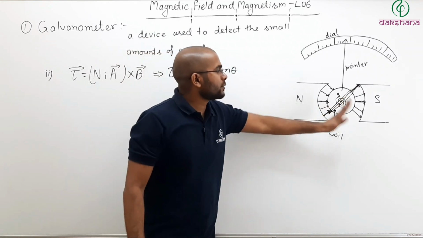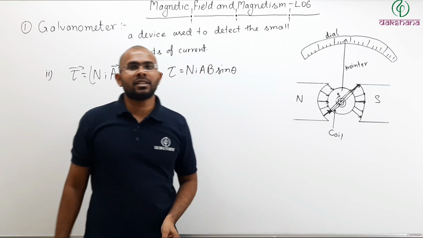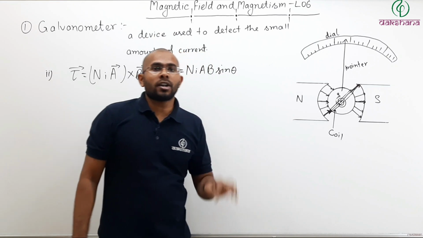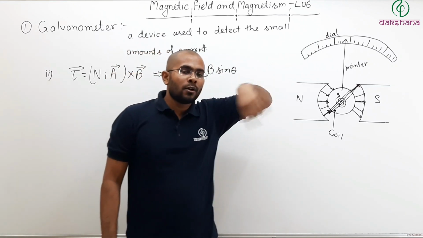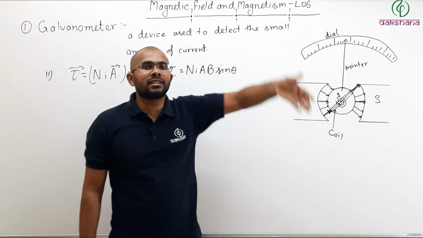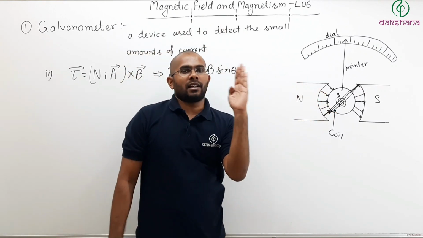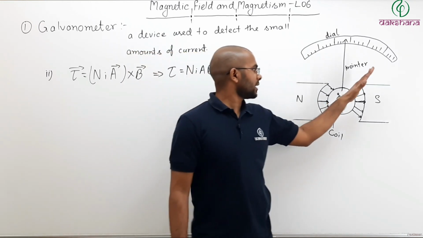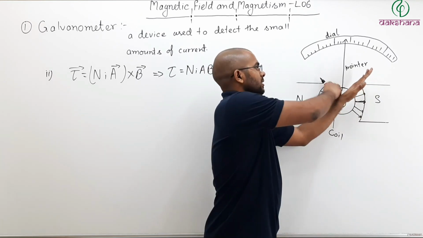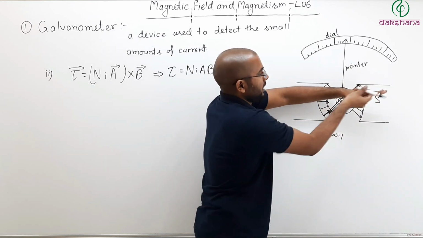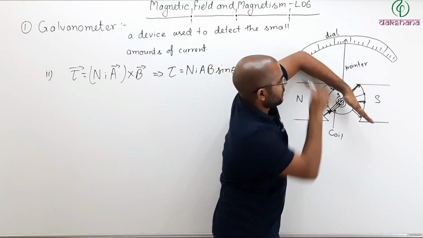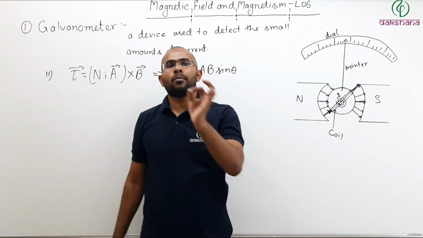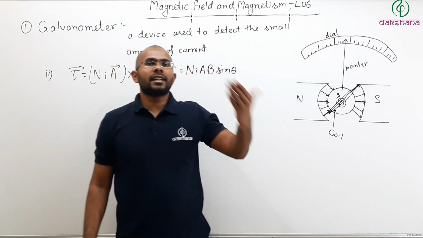The benefit of using a radial field is that the angle between the field line applying torque on the loop and the area vector is always 90. See here, this is the field, this is the area vector. So the angle between the field which is applying torque and the area vector is always 90.